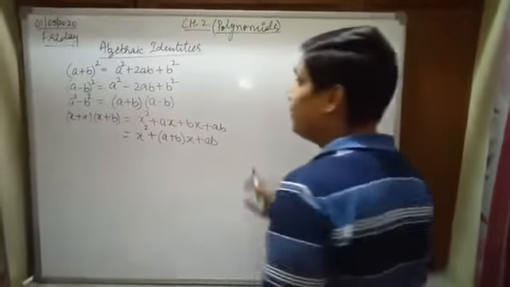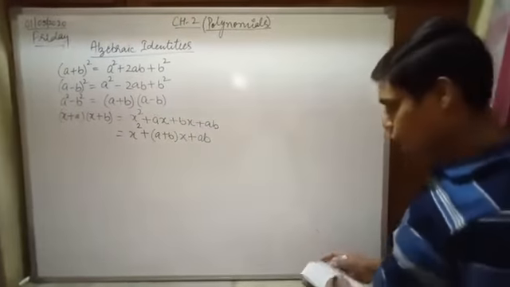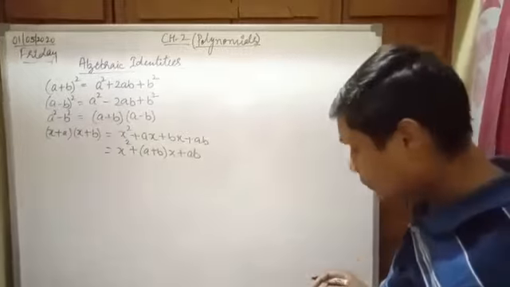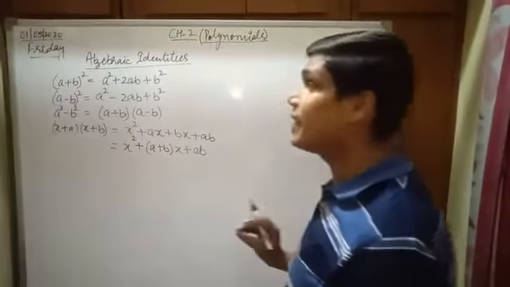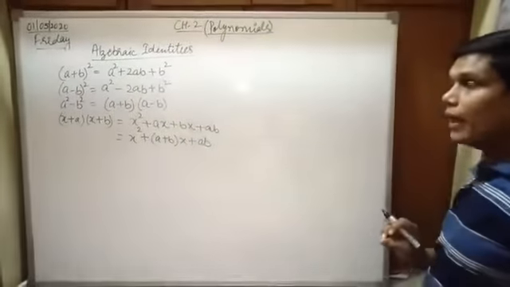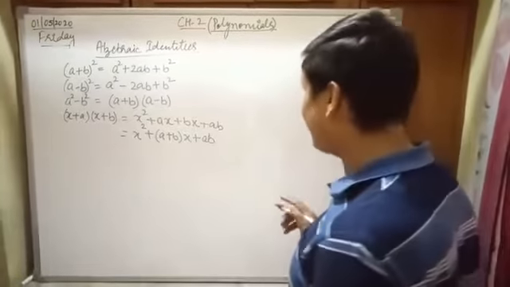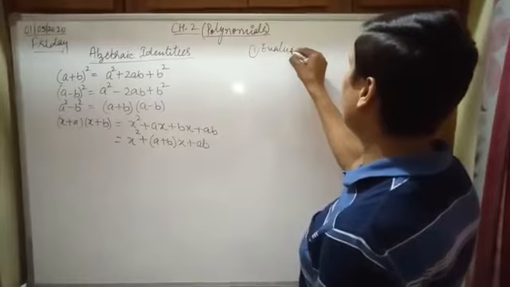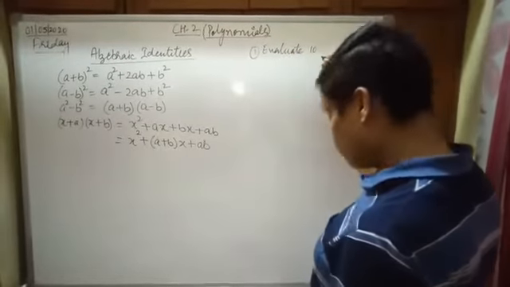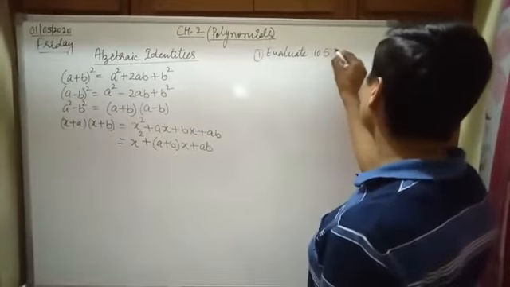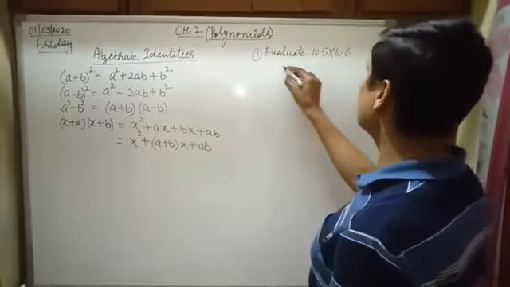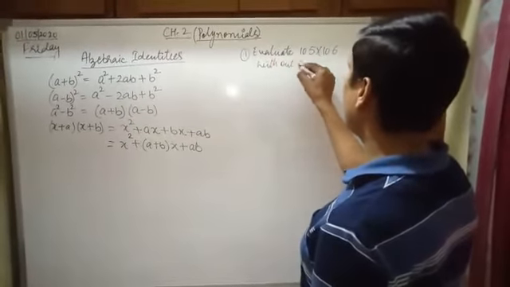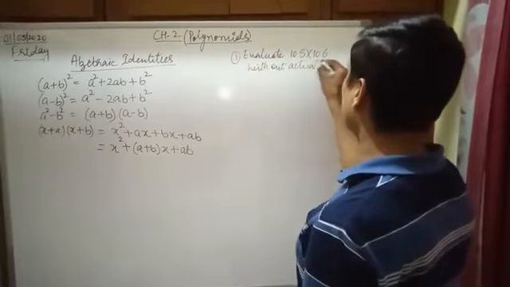This time I will tell these four identities to you, and the questions based on these identities. These are the basic identities. How will we apply these identities in the questions? First question I am taking: evaluate 105 into 106 without actual multiplication.